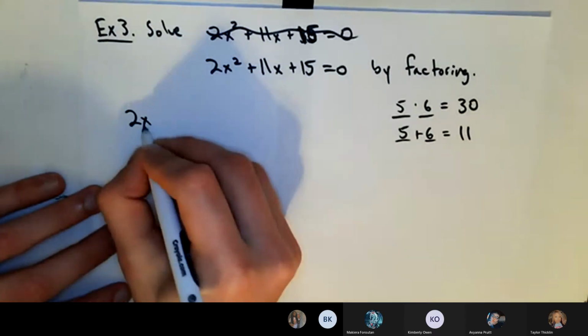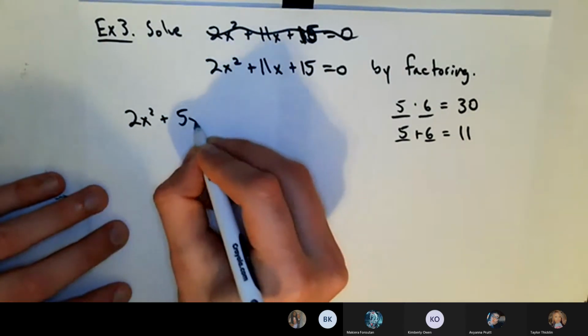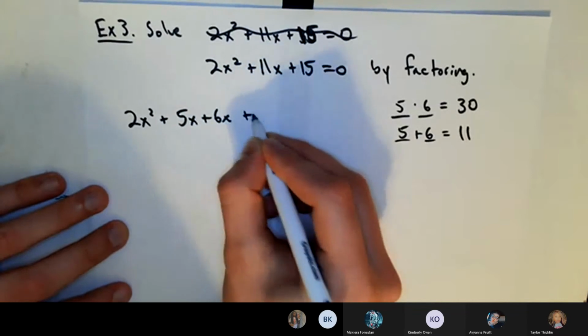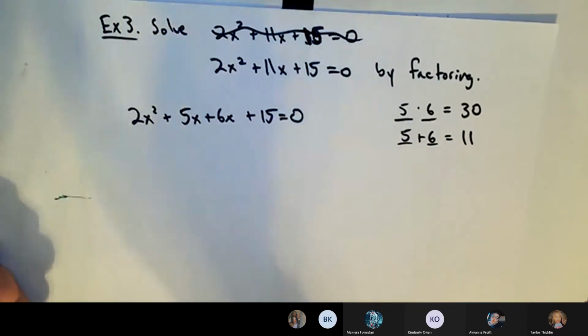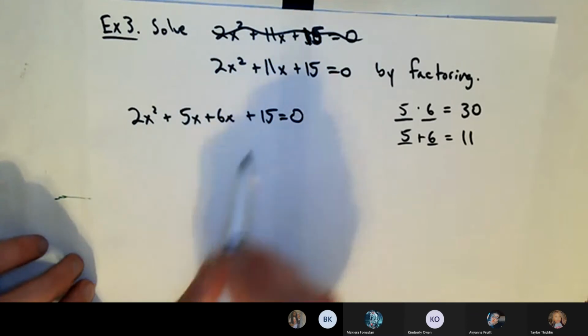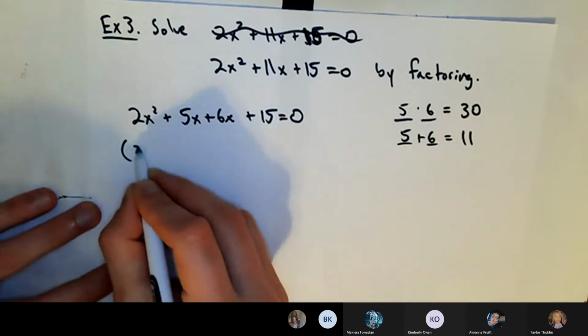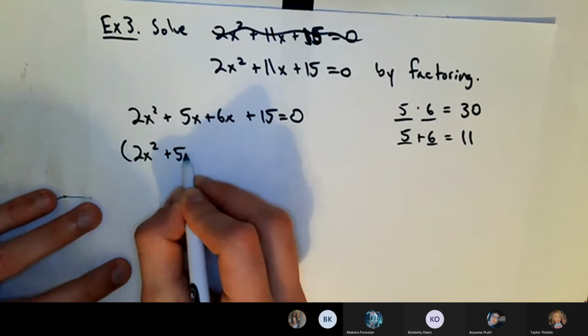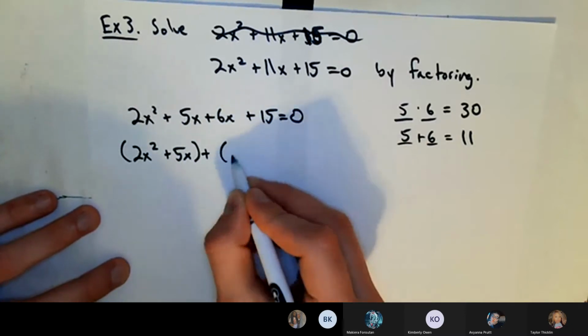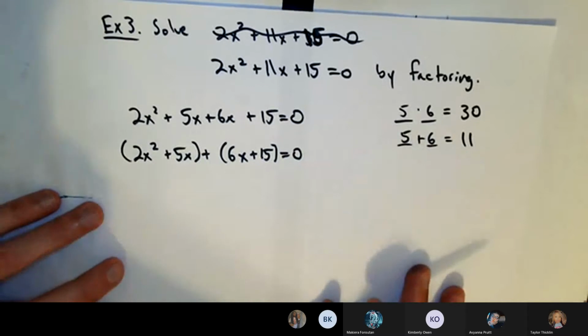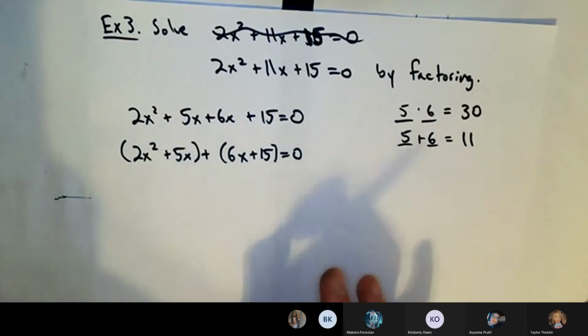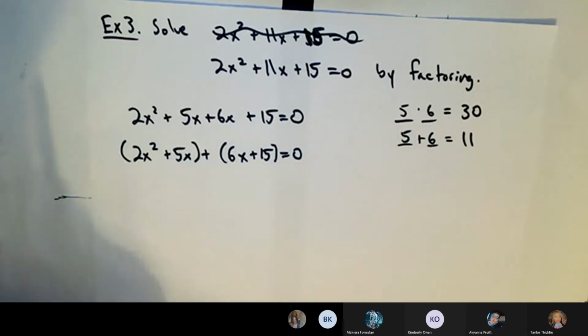So then we say 2x squared. Remember, this is the longer process where you can't just jump straight to the factored form. You got to split that middle term, 11. And then you group. Now, by the way, someone always figures this out every semester, that you can kind of just brute force your way through these just by plugging in and checking different numbers to factor something like this.